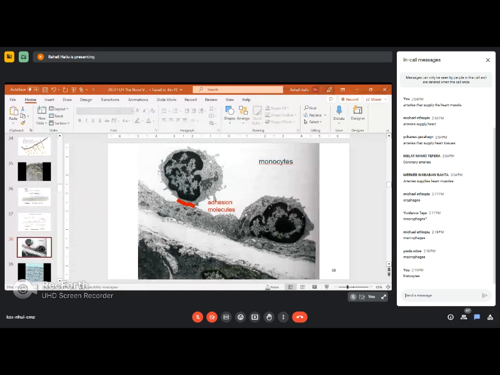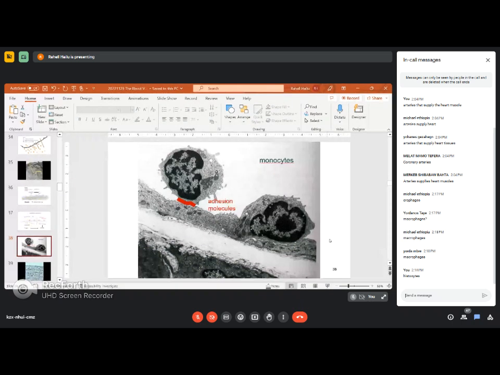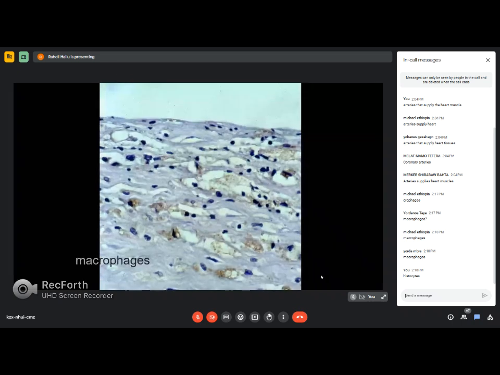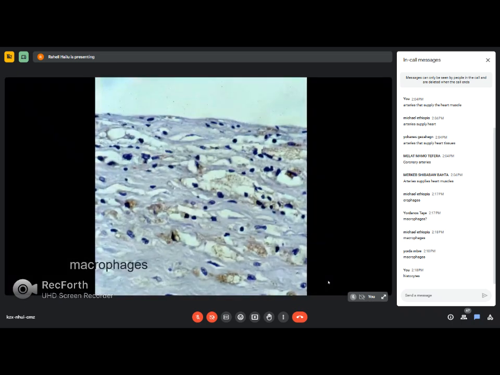Yeah, they're called histiocytes. That's a fancy name for macrophages. They're called macrophages. So this is the histology of the intimal space, and you see macrophages here.